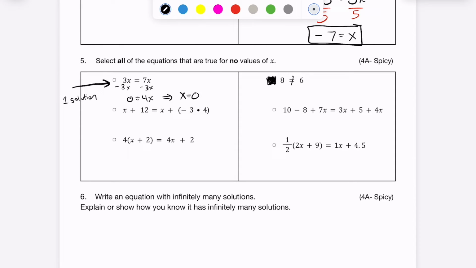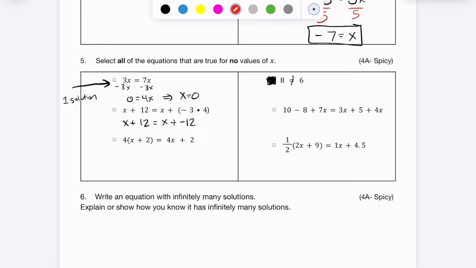Okay, going below, we have that x plus 12 equals x plus, in parentheses, negative 3 times 4. Negative 3 times 4 is negative 12. So this is going to have no solutions because you have the same variable term of x, and then once we're adding 12, and at another point we're adding a negative 12, so those aren't the same thing, right?